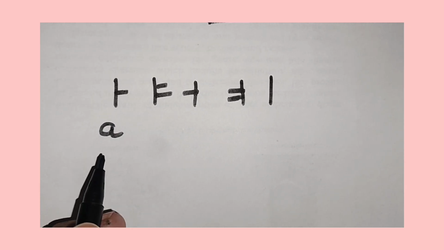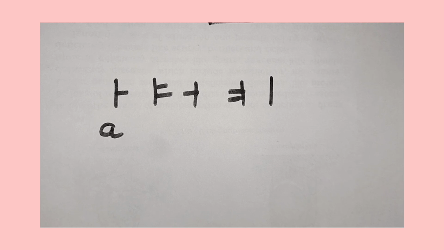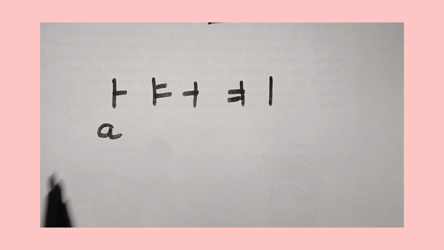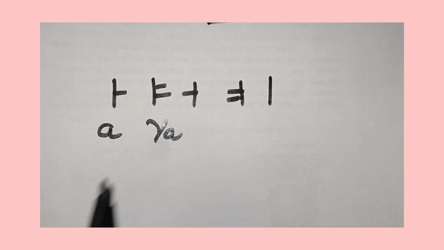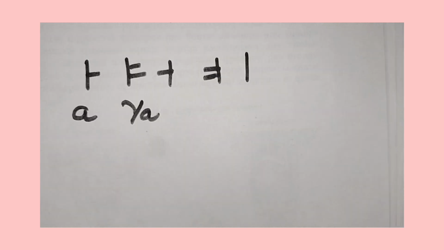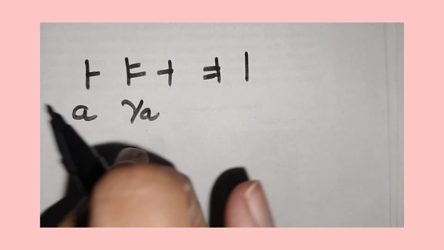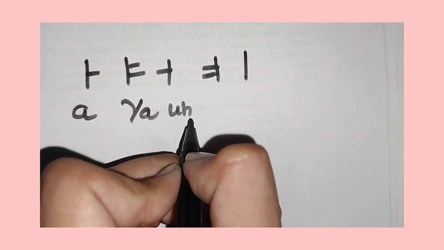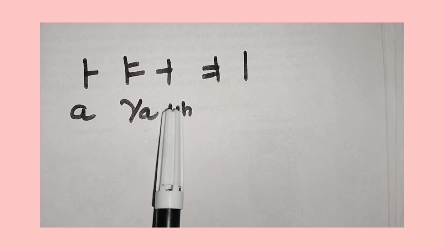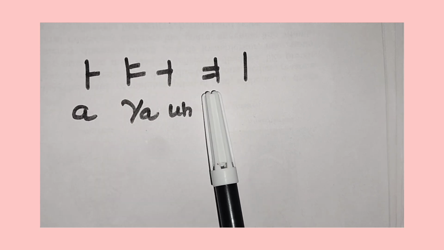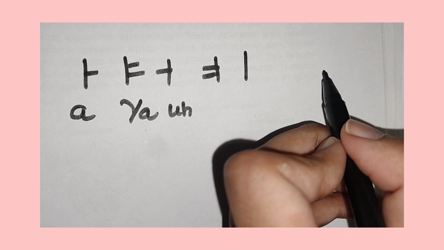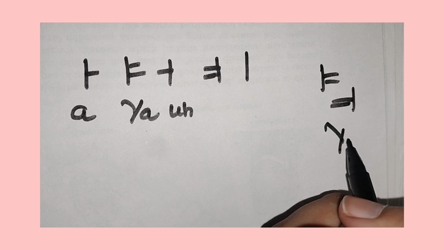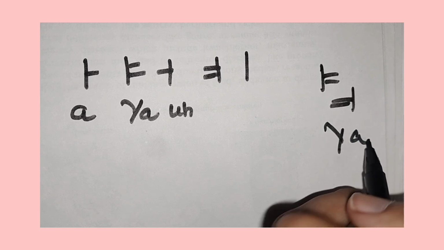So the first one is ah. And this one is the same, but it has double lines and it sounds like ya. So when the line is doubled, that means a y sound is added to it. Whenever a vowel contains two lines, that means it contains a y at the start, in the front.